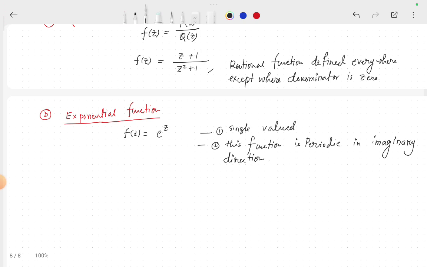Other examples are trigonometric functions, hyperbolic functions, all that. Trigonometric functions like sin z, cos z, tan z.